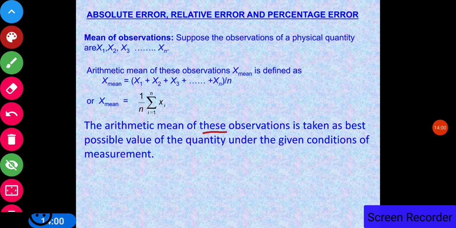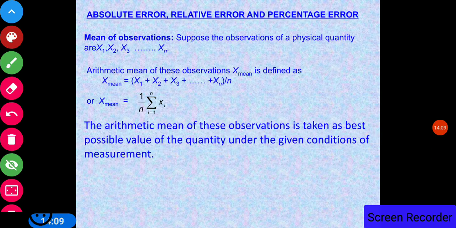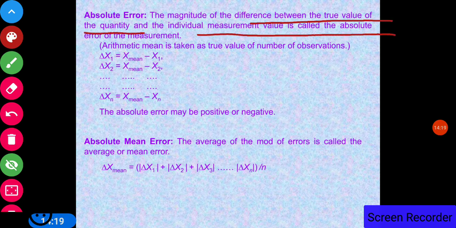The arithmetic mean of these observations is taken as the best possible value of the quantity under the given conditions of the measurement. Now, absolute error. The magnitude of the difference between the true value of the quantity and the individual measurement value is called the absolute error. What does it mean? The arithmetic mean is taken as the true value.